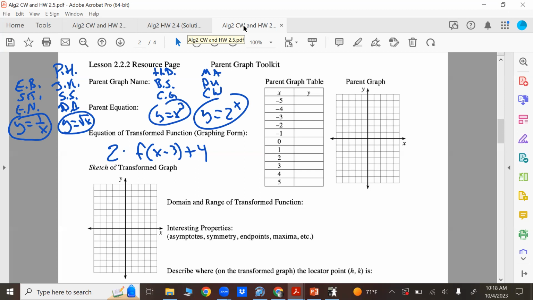We wouldn't have to. Then multiply by two. 4 times 4.